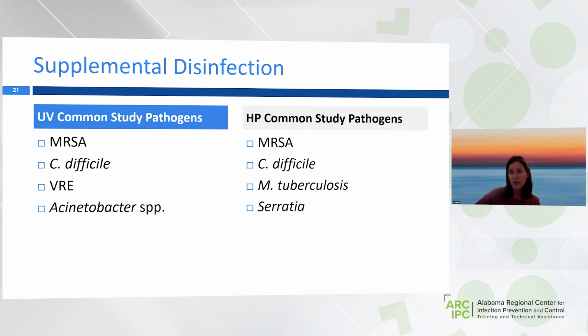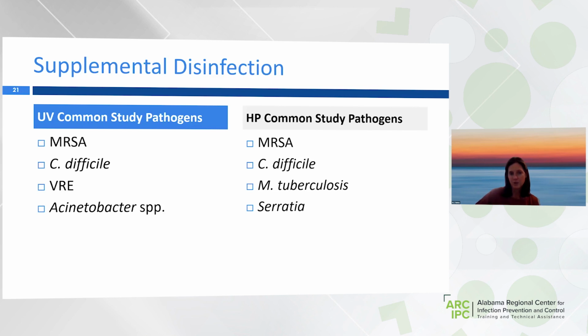And then also, when we talk about the levels of disinfectants, we have low level, intermediate level, high level, and the sterilants. Mycobacterium tuberculosis is the pathogen that's used to identify that intermediate level disinfectant. So again, a pathogen that is much harder to kill in the environment. And then of course we know C. diff and the spores are challenging to kill. So those are pathogens that we like to see in these types of studies.